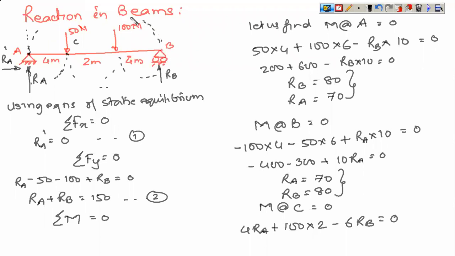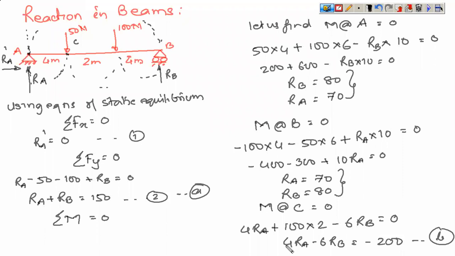And the moment produced is anti-clockwise in nature. So this is minus. So you have 4 RA minus 6 RB is equal to minus 200. So this is equation number B and this is equation number A. If you solve A and B, again you will get RA and RB is equal to 70 and 80.